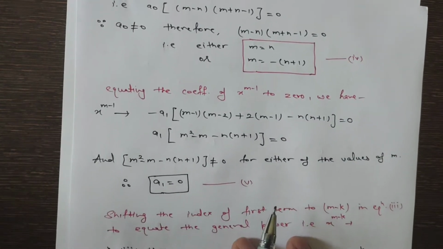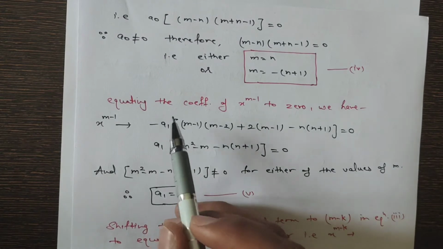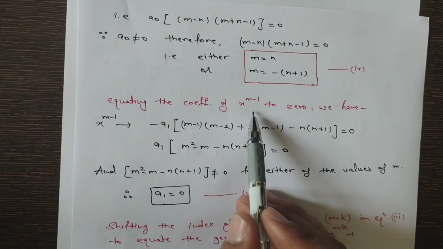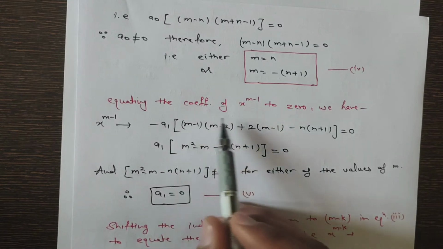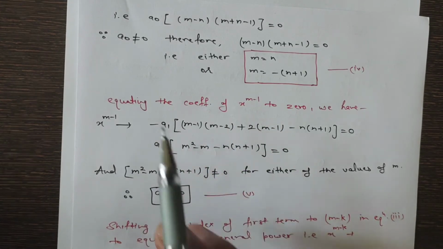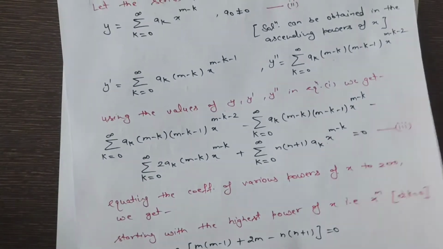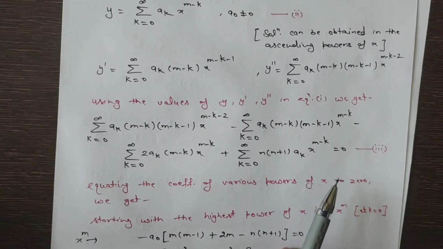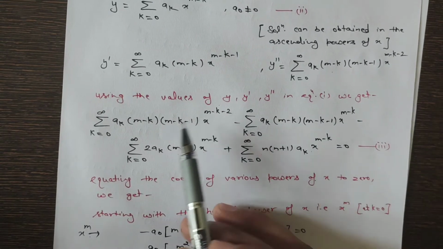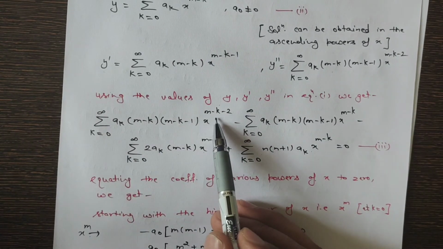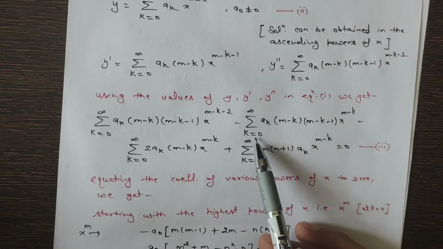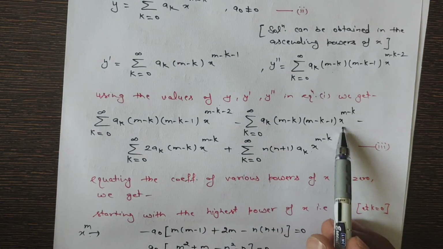Clear? In the next step, the second highest power will be x raised to power m minus 1. So equating the coefficient of x raised to power m minus 1, that will correspond to k equals 1 in equation third. When k is 1, the first term corresponds to x raised to power m minus 3, while the last three terms each correspond to x raised to power m minus 1.